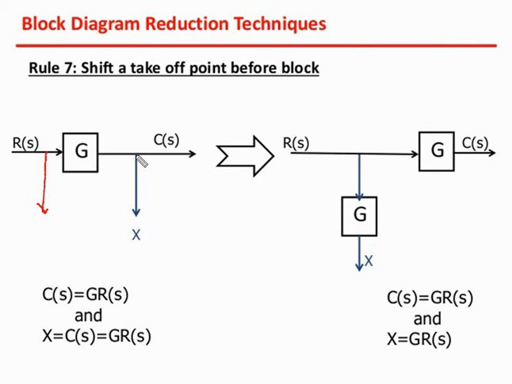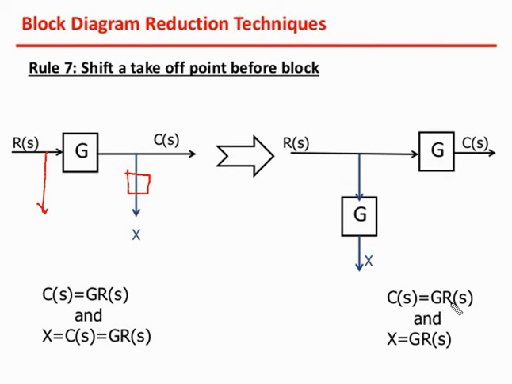If we shift this takeoff point from after a block to before a block, what do we have to change in this takeoff point to keep CS equal to the previous case? We multiply by the forward path gain G. Here we consider RS as input and CS as output.